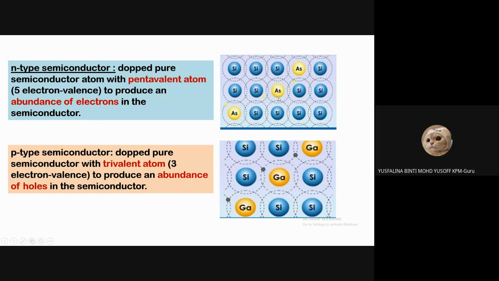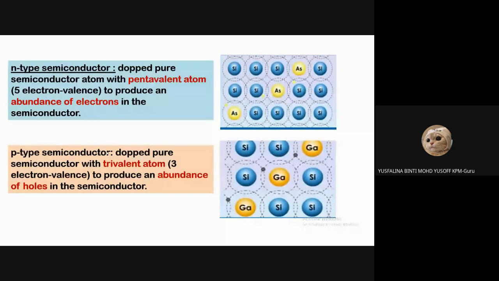But how about the P-type semiconductor? You dope the pure semiconductor, silicon or germanium, with a trivalent atom. What does trivalent atom mean? It has 3 electrovalence. So 4 is the electrovalence for silicon or germanium, and 4 plus 3 gives you 7.